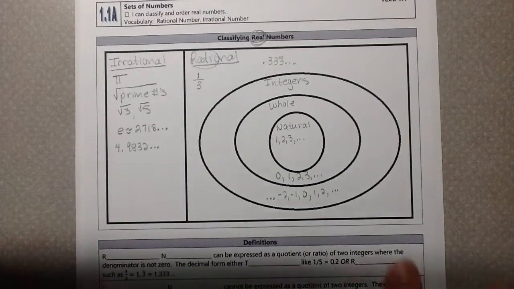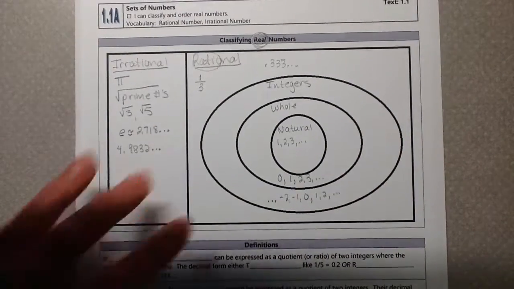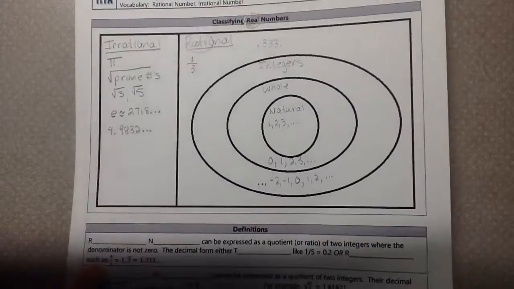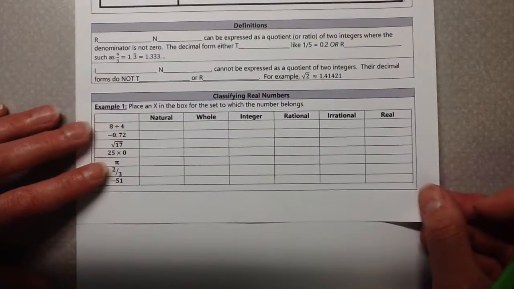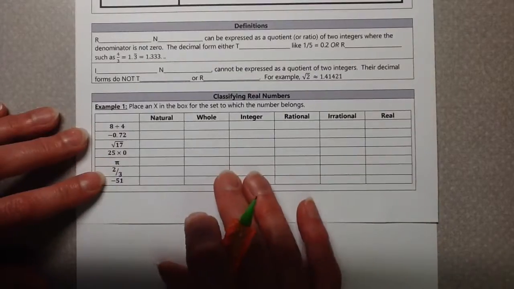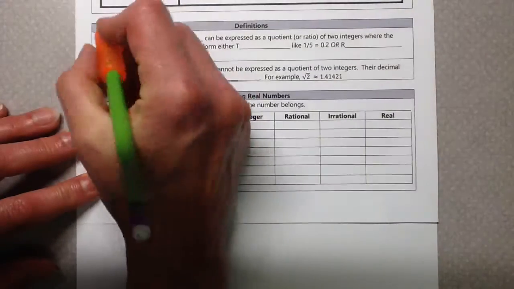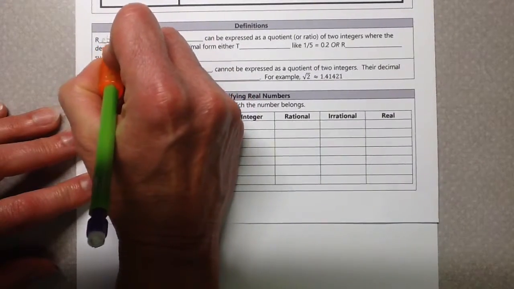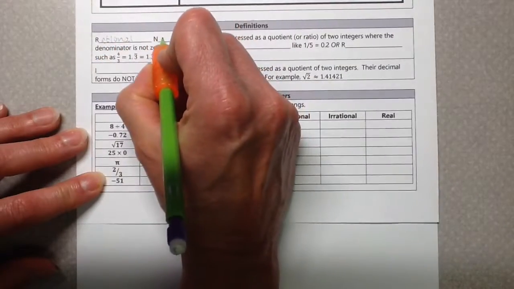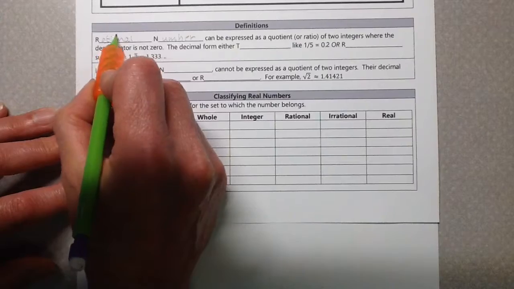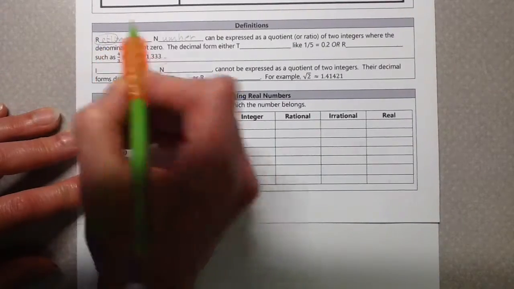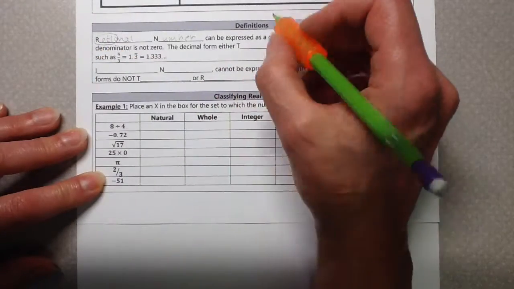Okay, now we're going to use these definitions, this diagram, to write the definitions of rational numbers and irrational numbers. So a rational number, and again I'm going to circle this ratio, which means you can write it as a fraction, can be expressed as a quotient.